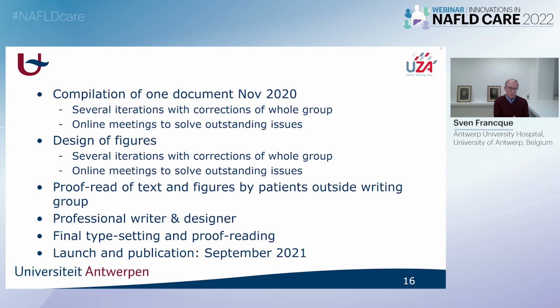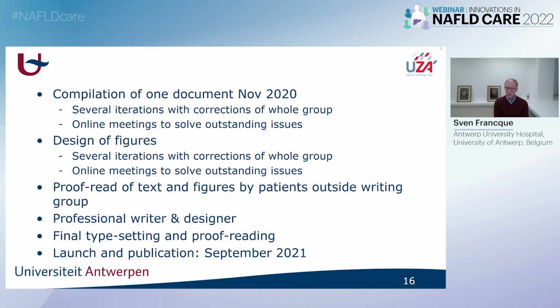Because we needed really to go through different rounds of discussion, also several meetings online to discuss issues that still needed some discussion to find a consensus. That was so for the smaller chapters, but that was also for the whole document and also for the list of illustrations that we developed in parallel. And once we then came up with the final document where the whole writing group agreed upon, it was, as I said, sent to several groups of patients outside the group that composed the document to have their input, their comments, their recommendations.